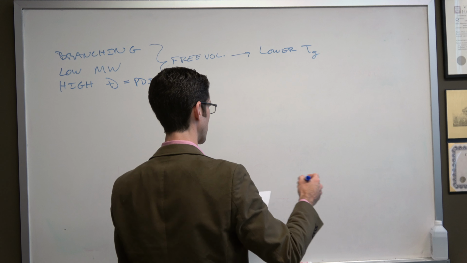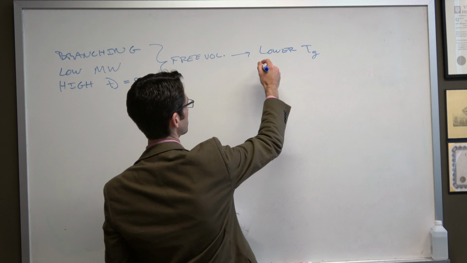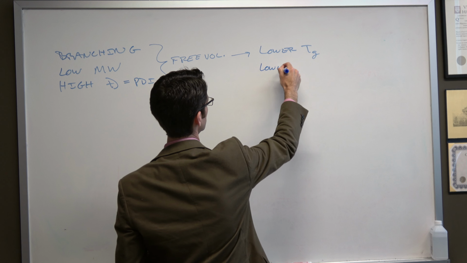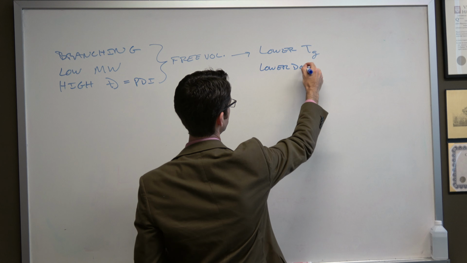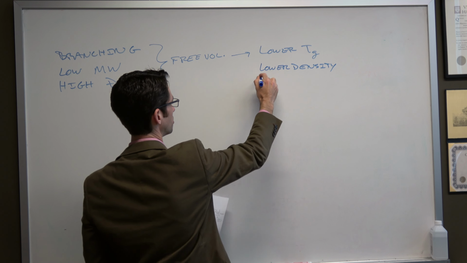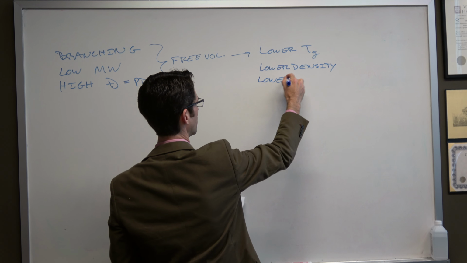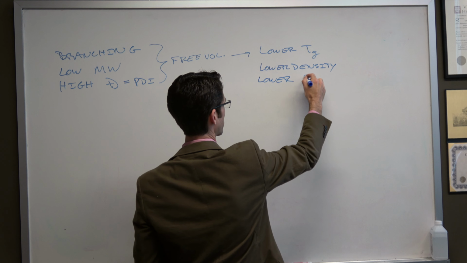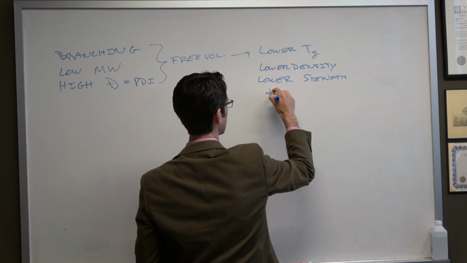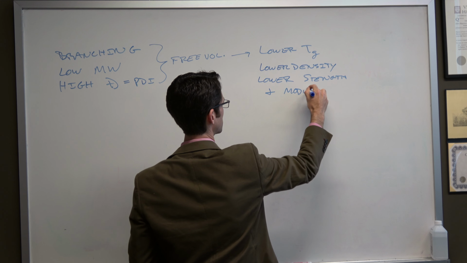So with a lower Tg, you also have a lower density, and also a lower strength and modulus.